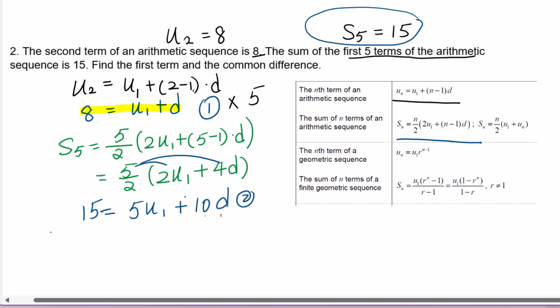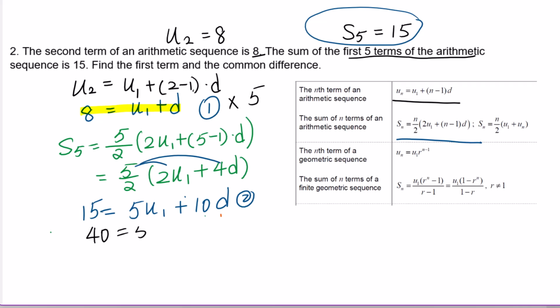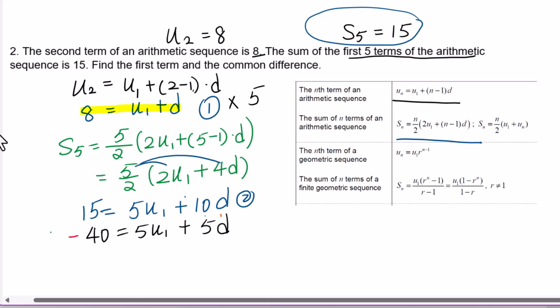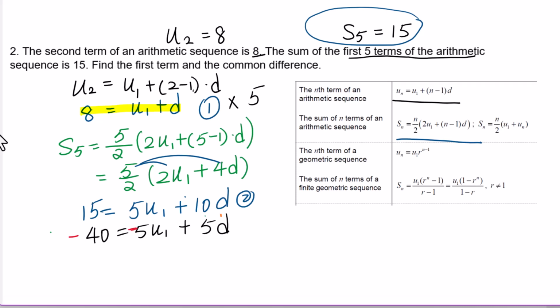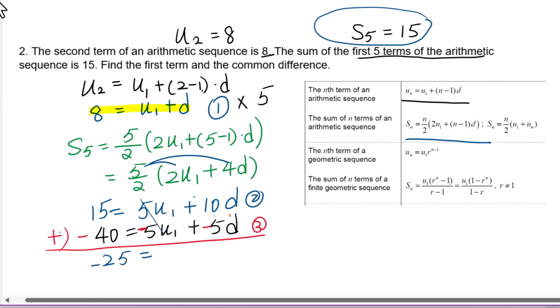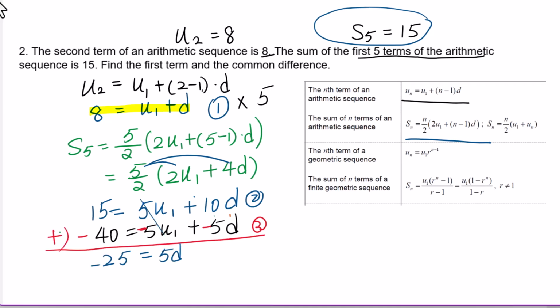both sides. 40 equals 5 u sub 1 plus 5d. We try to get the opposite term, so we change the sign. Then we add together. 25 equals 5d. Then we divide it by 5 both sides. d equals -5.